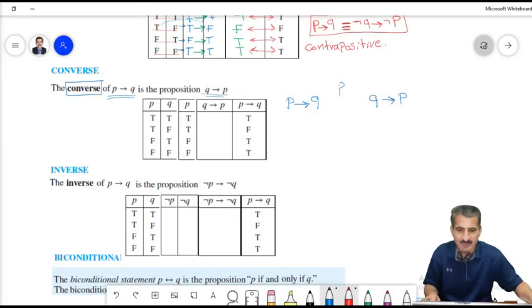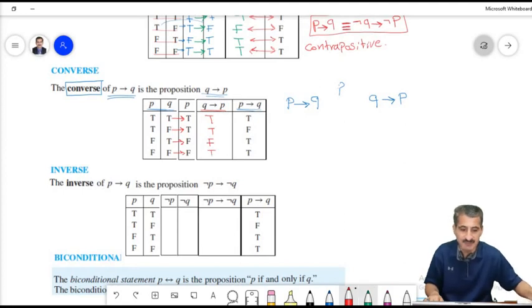So we already have the truth table of P gives Q according to the truth values of P and Q. Now here I want to compute Q gives P, and I have them in order in here. So true gives true is true. False gives true is true. True gives false is false. False gives false is true.